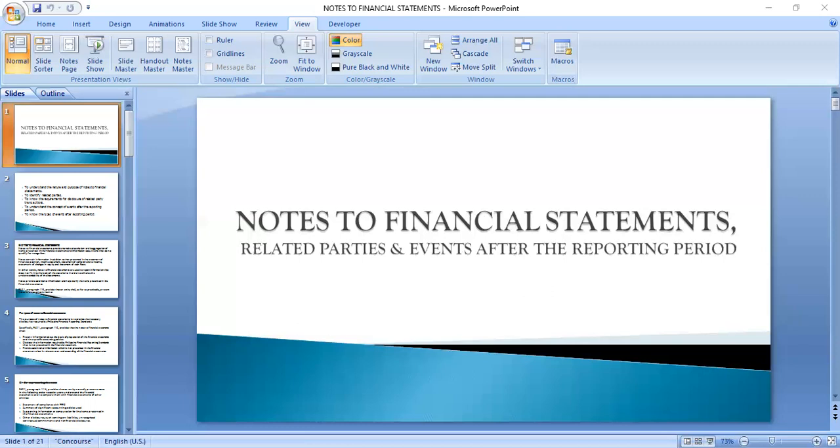Next, we have the related parties. As you can remember, we have one of the objectives there related to related parties and disclosure requirements, as well as the unrelated parties.